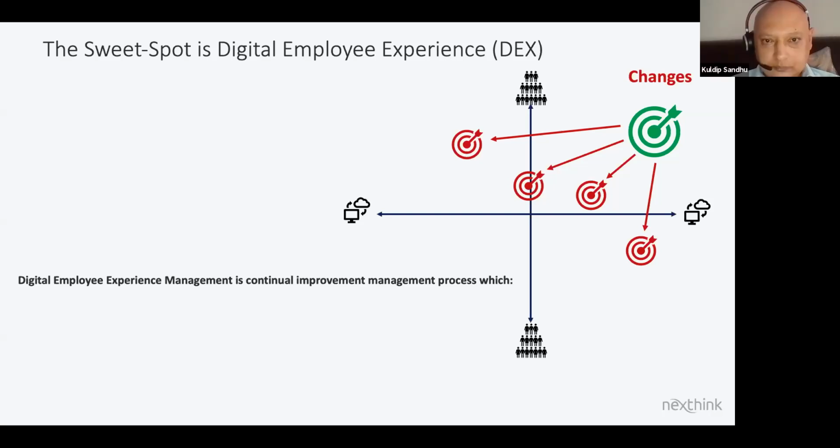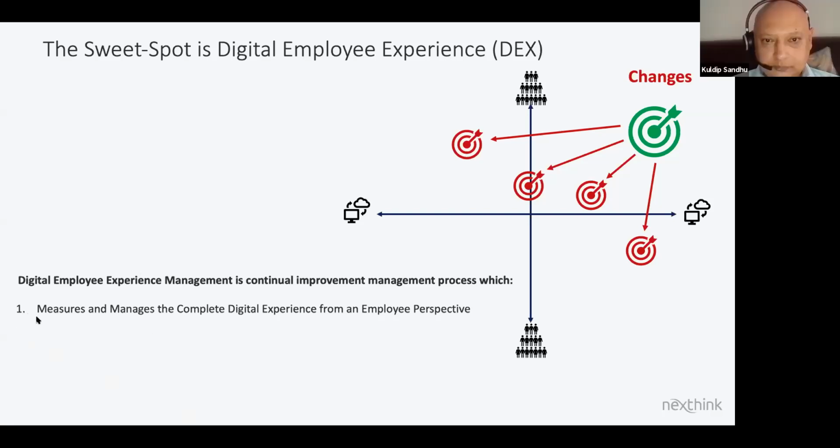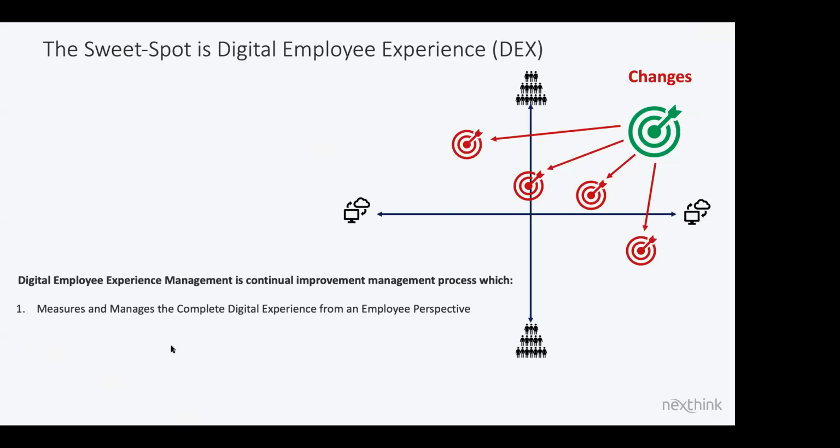And I guess what we're focused on at NextThink is providing that ability to allow you to augment your existing management processes, the traditional IT service management tools, the operational monitoring tools, and so on, and give you an additional perspective, give you that vertical axis so that you can really see whether you're hitting the sweet spot.